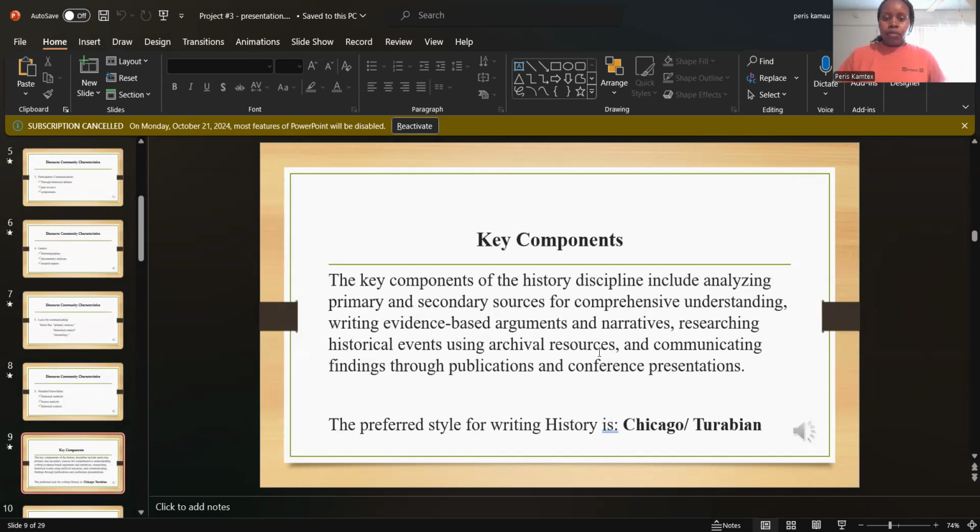The key components of history discipline include analyzing primary and secondary sources for comprehensive understanding, writing evidence-based arguments and narratives, researching historical events using archival resources, and communicating findings through publication and conference presentations.